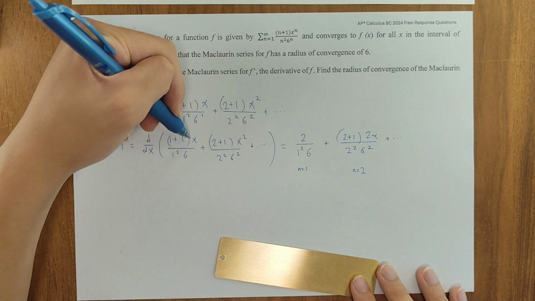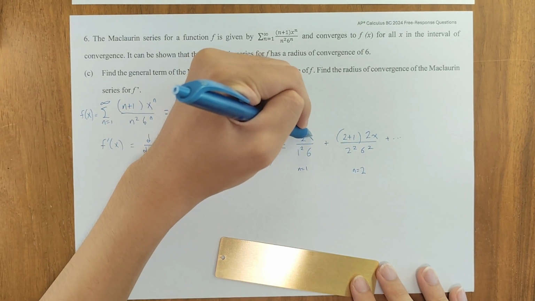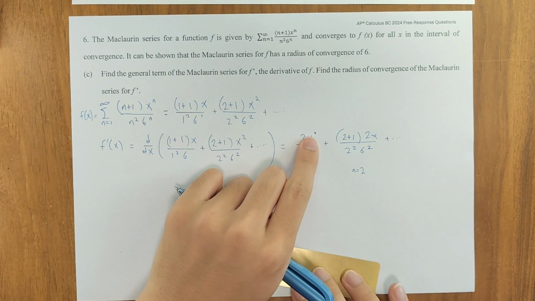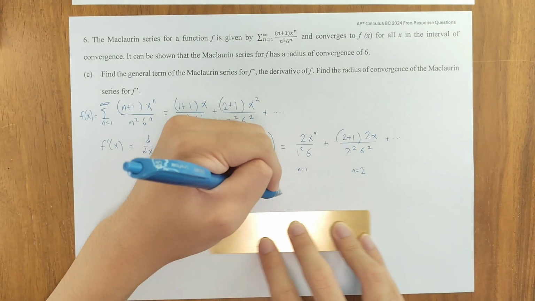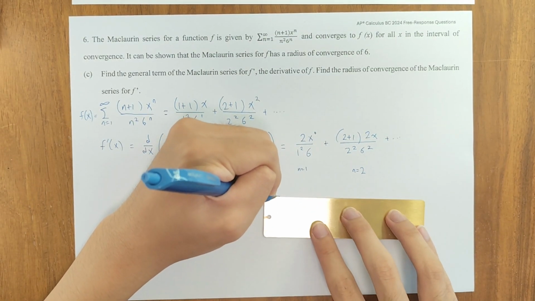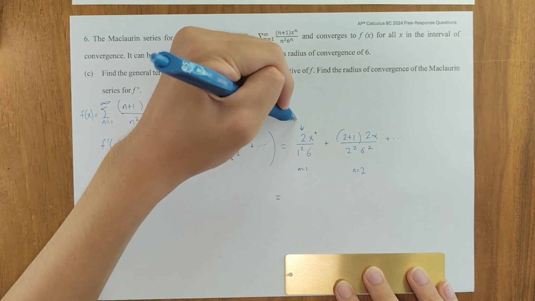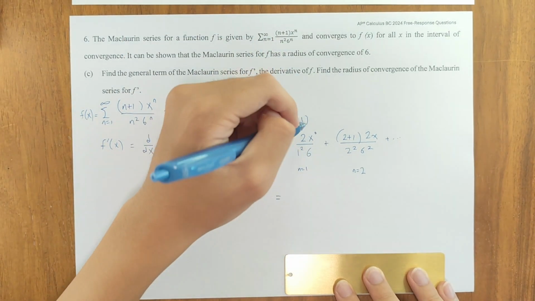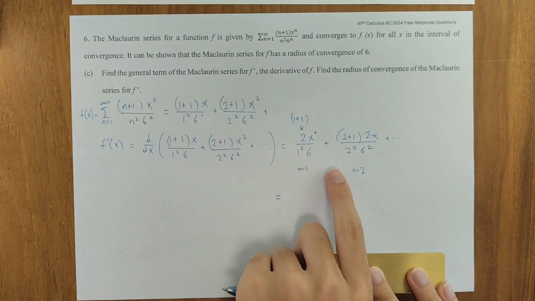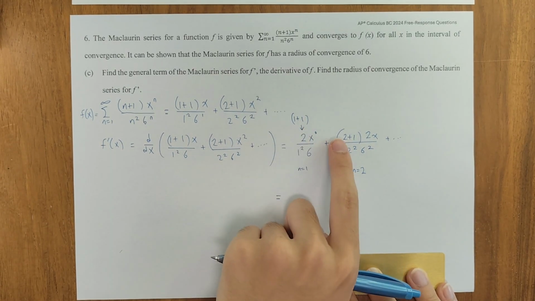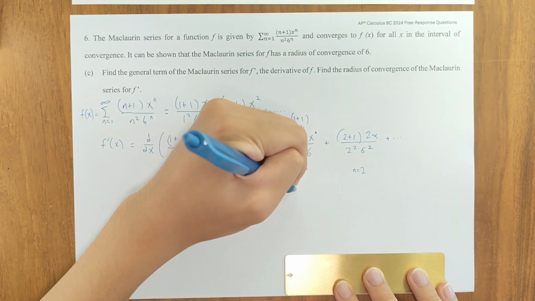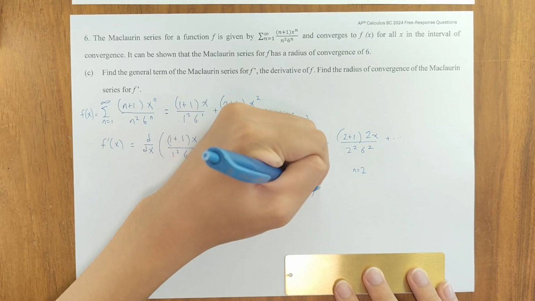We can write the missing x as x to the 0 power. The 1, 2 can be written as n plus 1, so n plus 1 is changing.